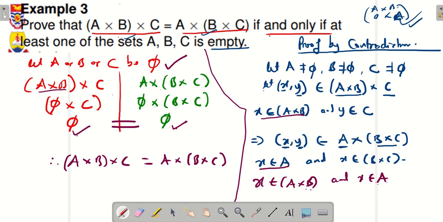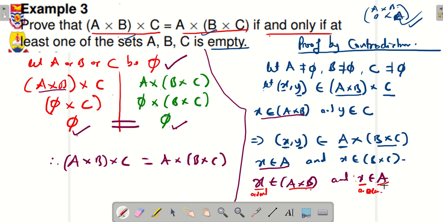Now, remember that A cross B must produce an ordered pair. Therefore, this X is an ordered pair. But this A is just a set, therefore X here is just an element.